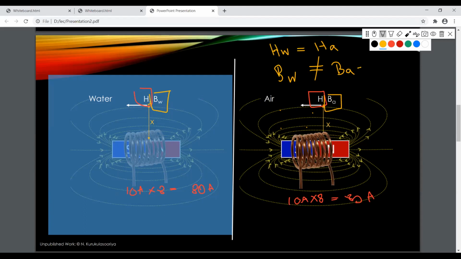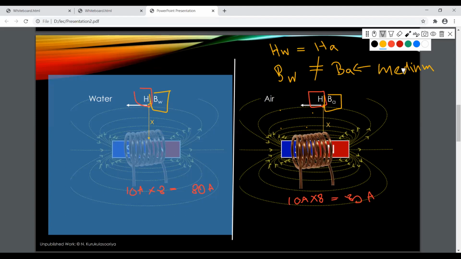Because this depends on the medium. Magnetic flux density depends on the medium. So if you use a different medium other than water and air, the flux density would be a different value. But still, the magnetizing force, or magnetic field intensity H, is the same, right?